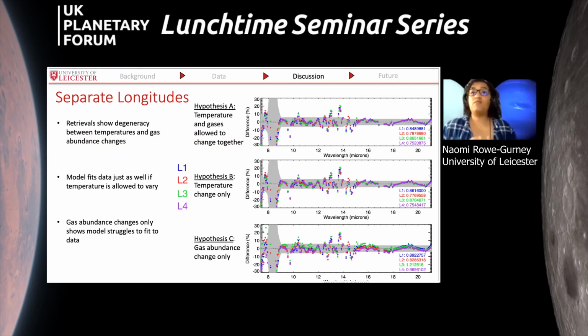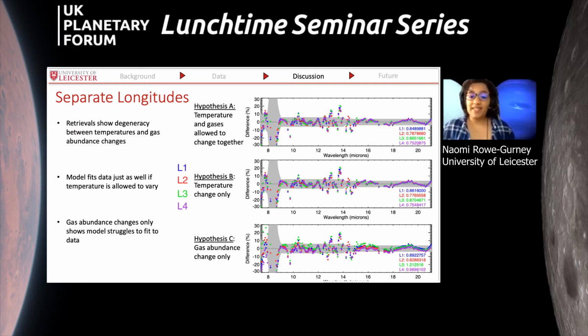Hypothesis B looks very similar and has similar chi-squared, so our fits are similar to hypothesis A, whereas hypothesis C has higher chi-squareds over 1, so it's struggling to fit a little bit in the most extreme dim region of L3, and it drifts away from our allowed errors slightly.